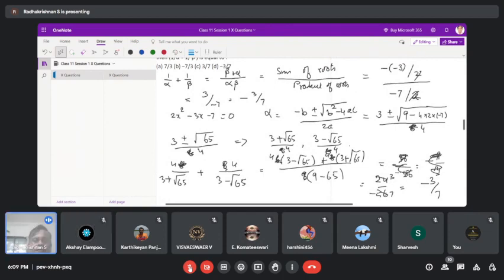So here we can use the sum of roots by product of roots, which is much easier than doing all these tedious calculations. Both methods are okay, and you'll get the same answer. If that formula did not strike you and you only knew this, you could still do it. But it is important, for speed in IIT, to use the right and efficient approach. So in this case, the first approach is better.